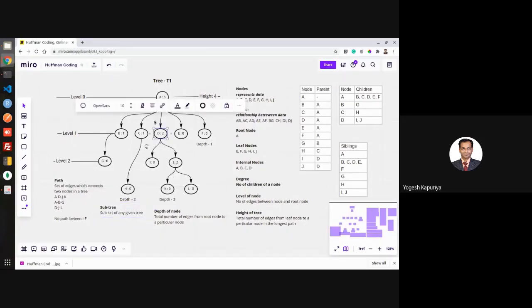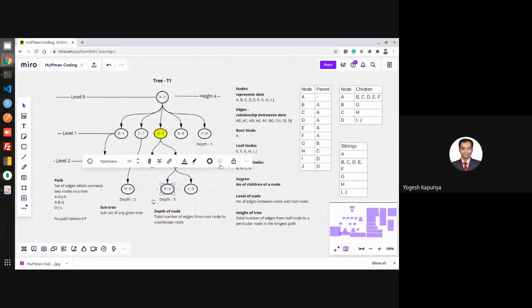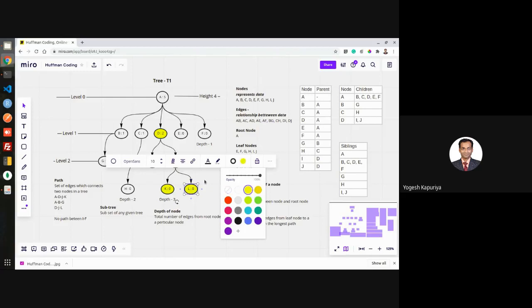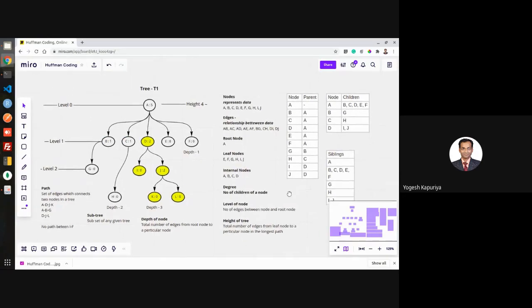So here I can say this is one subtree. So this is one subtree of this entire tree, right? So I hope this terminology is clear. Any doubt?